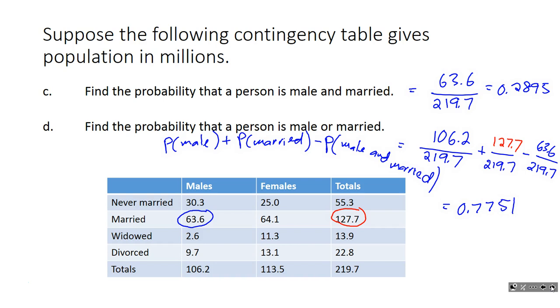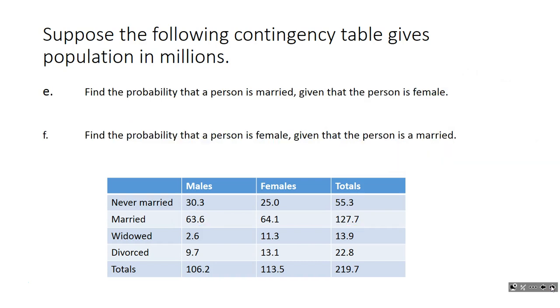I actually have two more parts of these problems that we'll go to, and that'll finish this video. I have some problems involving conditional probability. Find the probability that a person is married given that the person is female. So here's how we would write this. Probability of married given, we write that straight bar, given that the person is female.